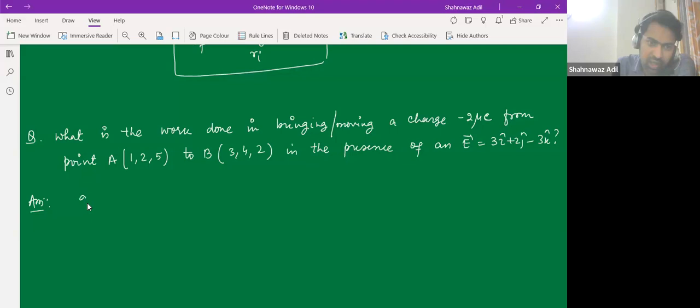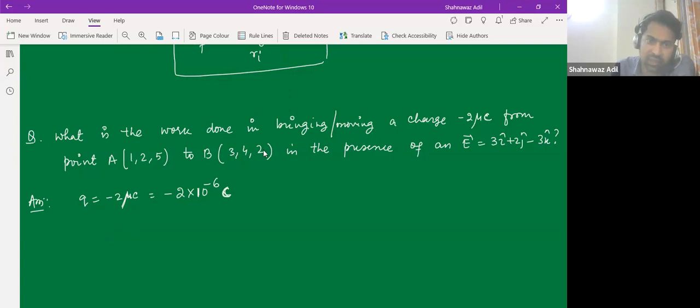We are given a charge of minus 2 microcoulomb. This microcoulomb is not the SI unit, so we have to change it. Micro is how much? 10 raised to minus 6.